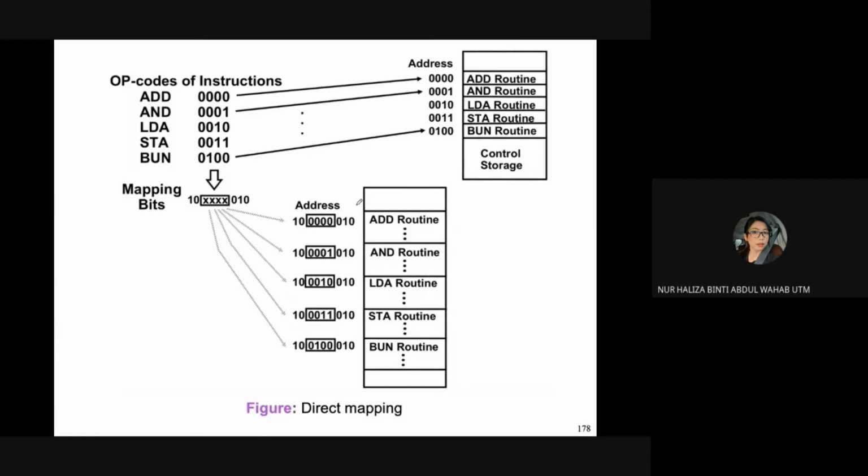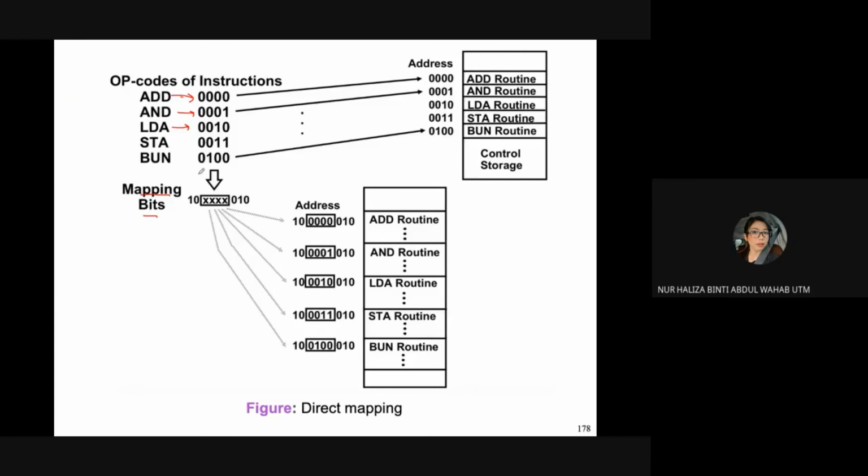Here is given the opcode instruction. If you were given this kind of codes, you can see over here for add it is 0000, for AND it is 0001, LDA, load data, 0010, STA, BUN, all are given, and these are your mapping bits.